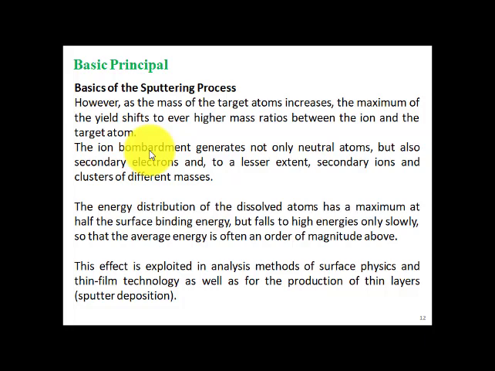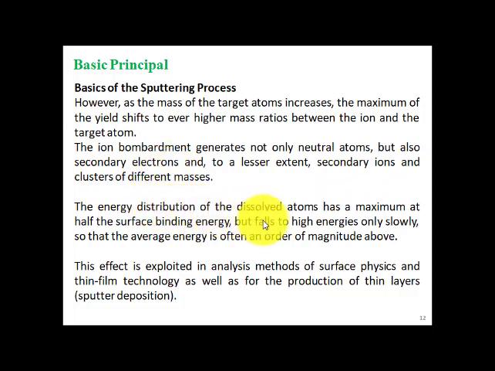They also eject secondary ions. In addition to the secondary ions, secondary electrons are formed. So the number of secondary ions and secondary electrons might be equal.